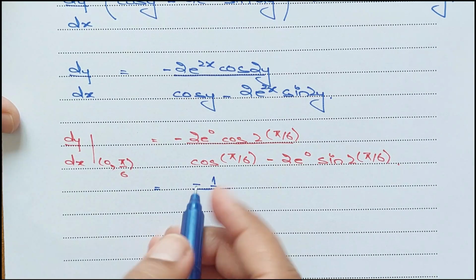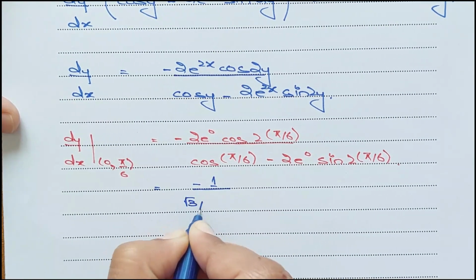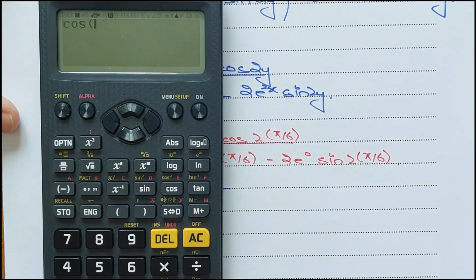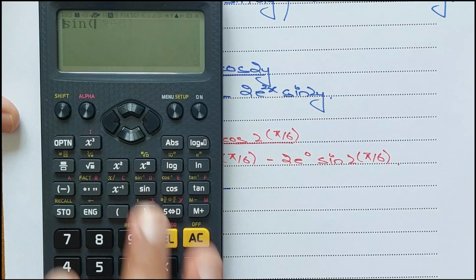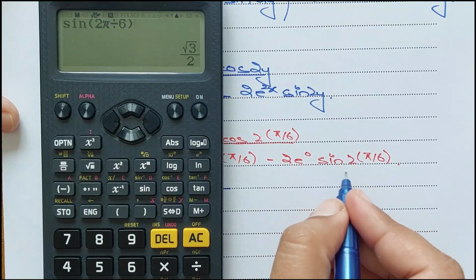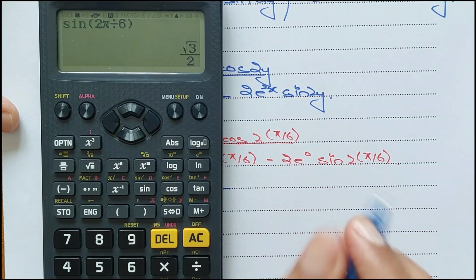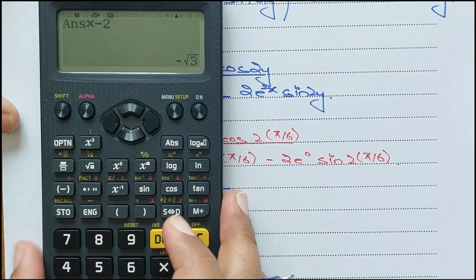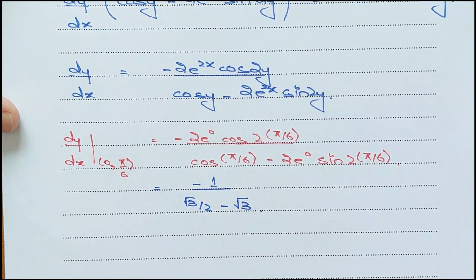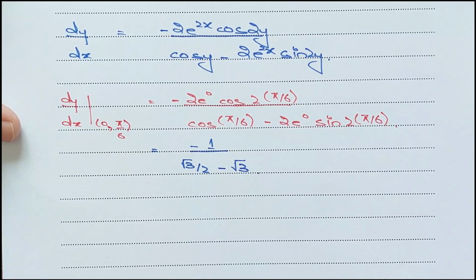Square root of 3 by 2, and sin 2π/6, sine 2π/6 times minus 2 gives minus square root of 3, right? Now let me simplify.